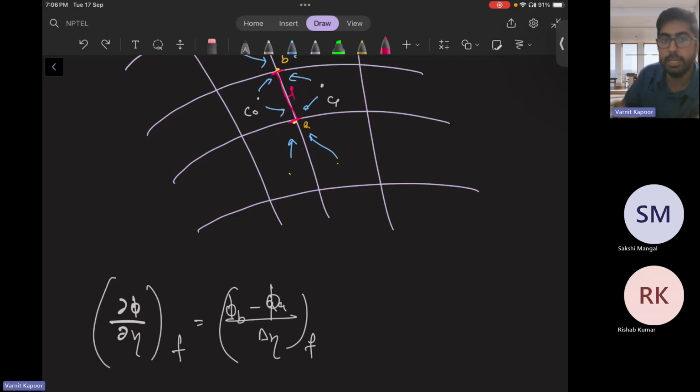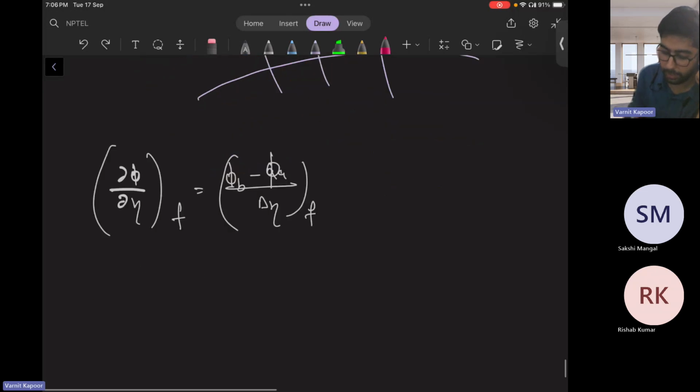So either you can calculate the dependent variable at A and B and calculate the gradient, or you directly calculate the gradient at the cell centroid and then interpolate them on the face. Either of the methods can be used. So what do I mean? First way is this.